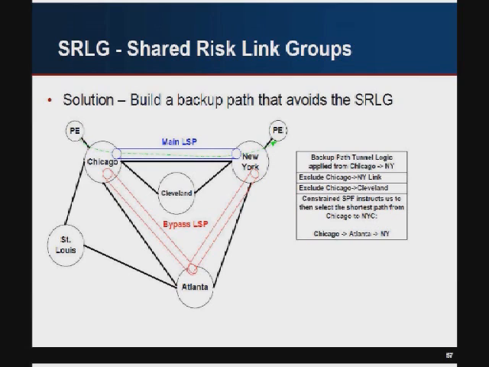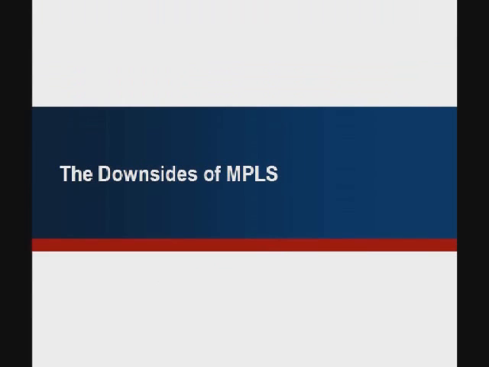You put those two paths into the same SRLG, and so now you can build a bypass LSP that avoids that. So you're guaranteed that even if you do have to bypass something, the latency is going to be higher, but you're saying it's so much more likely that I'm going to lose both these links at once that I'm willing to have a higher latency to guarantee that I'm going to get my fast reroute. And if you have customers that are very sensitive to having any kind of a drop, that's the kind of thing that you want to implement.